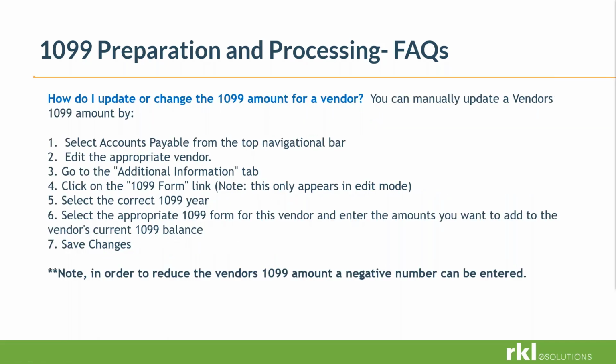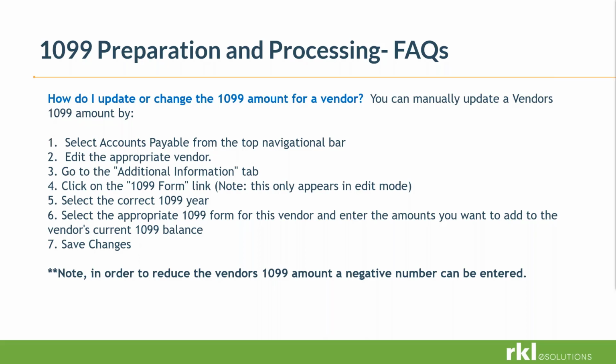How do I update or change the 1099 amount for a vendor? This can be done manually. You go into accounts payable, and that's what I mentioned in one of the slides back there. You edit the appropriate vendor, go to the additional tab, click on the 1099 form link, select the correct year, and go to the appropriate box, and you can plus or minus 1099 information, because some payments to vendors may not be 1099able, and you can go ahead and minus that out.